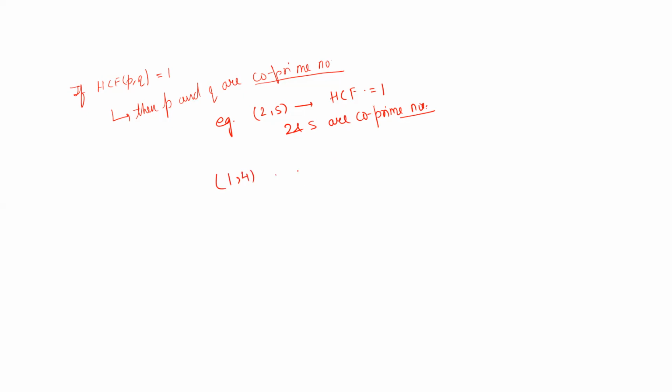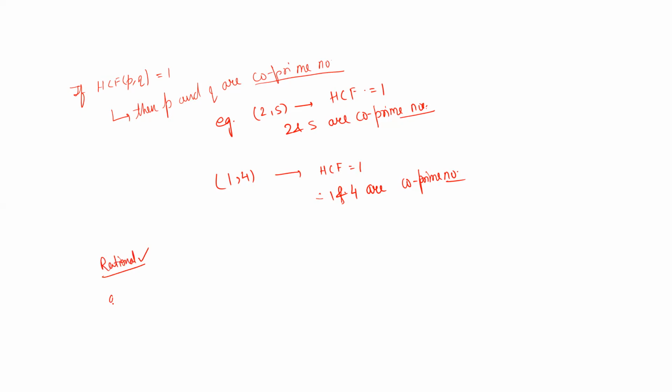Then I will say, obviously the HCF is 1. 1 and 4 are co-prime numbers. So you understood what is a rational number.